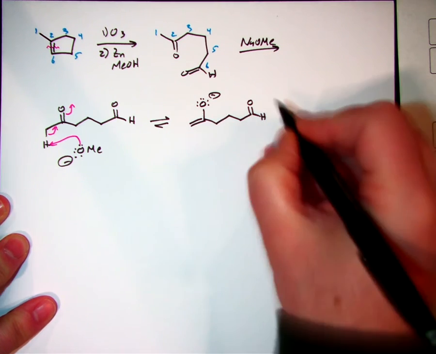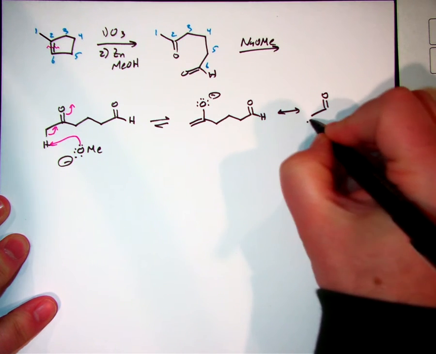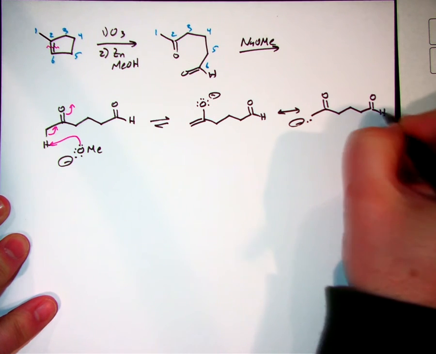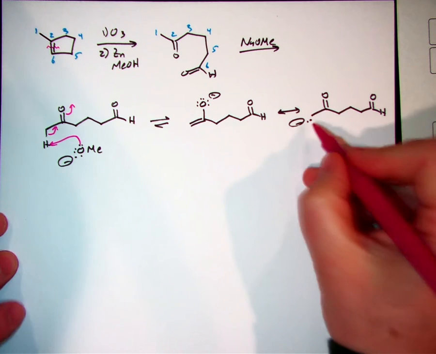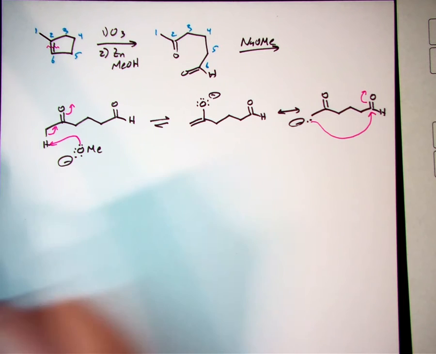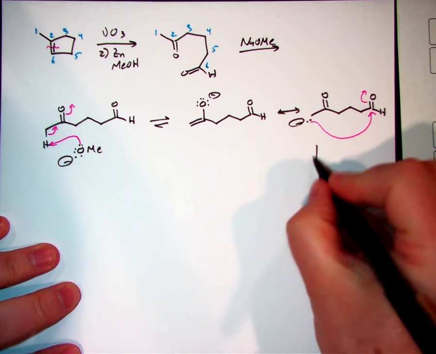I prefer to do this. The other resonance structure that many people like to use is the one that has the lone pair on the carbon. Now that enolate is going to do an intramolecular aldol, so it's going to attack the aldehyde in an intramolecular fashion. This is going to form our 6-membered ring.